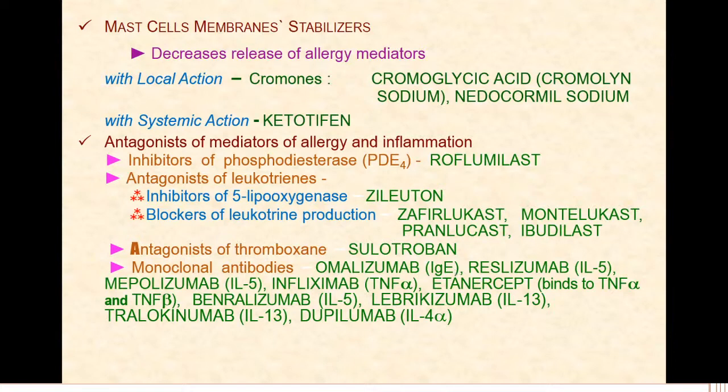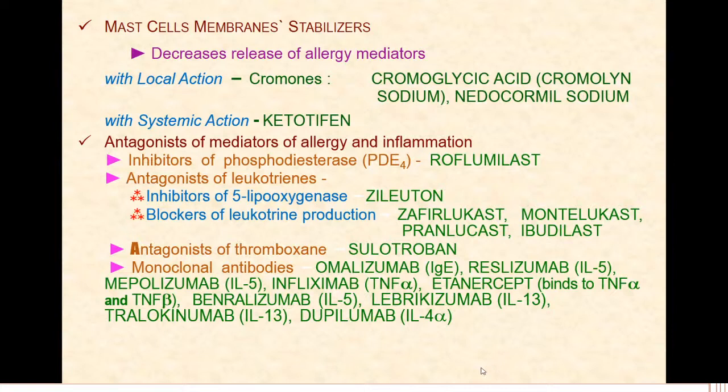That is why in severe bronchial asthma we introduce omalizumab, which binds to immunoglobulins E, and that leads to improvement of the patient's condition.